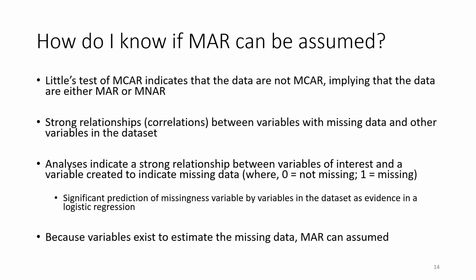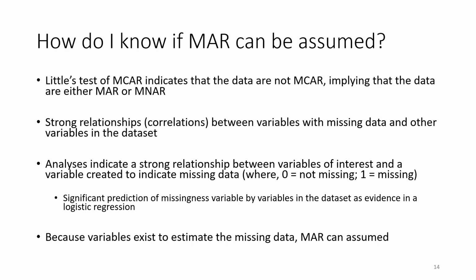In addition, if we conduct analyses that correlate the variable with missing data with a new variable that we compute, a missing value indicator, and that variable has a correlation, then that would indicate bias in missingness.